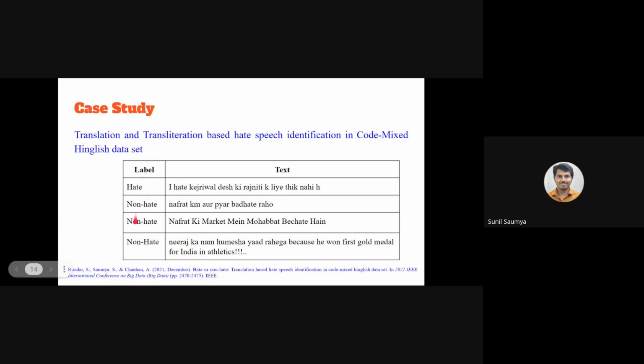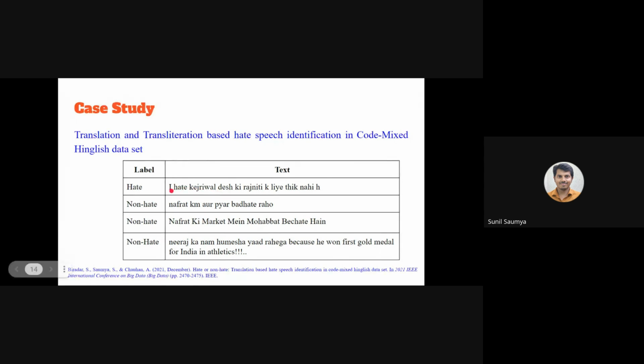This case study is about translation-based hate speech identification in code mixed English, which is nothing but a Hindi and English dataset. First of all, look at how exactly the dataset looked. It was like, "I hate Kejriwal", and then you see the switching of the script.